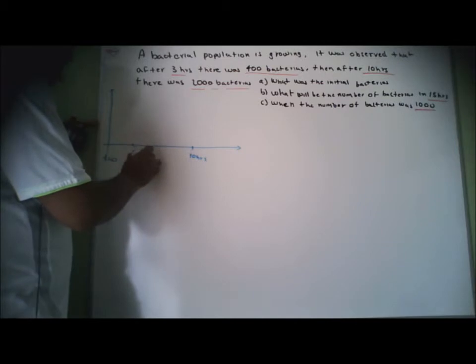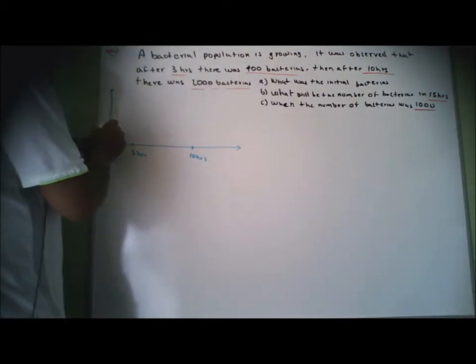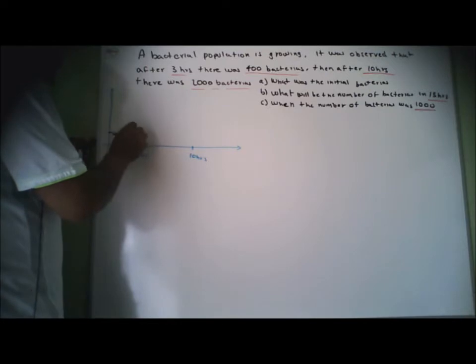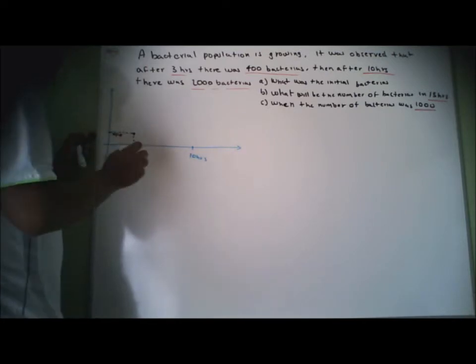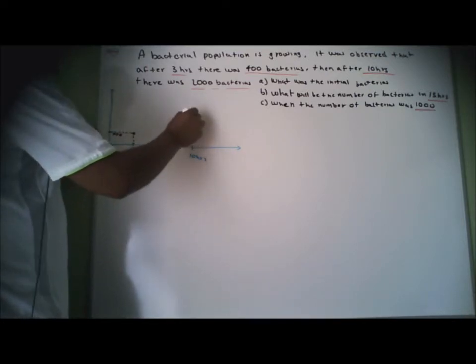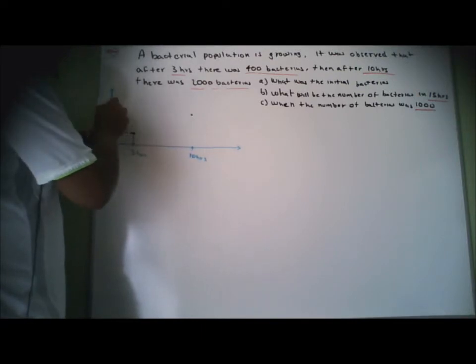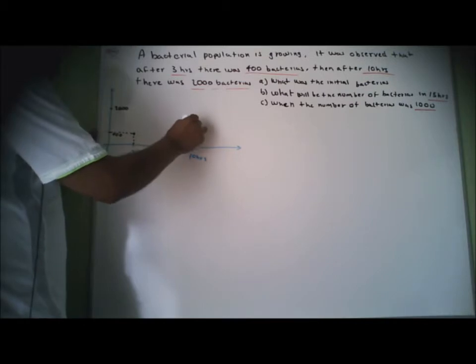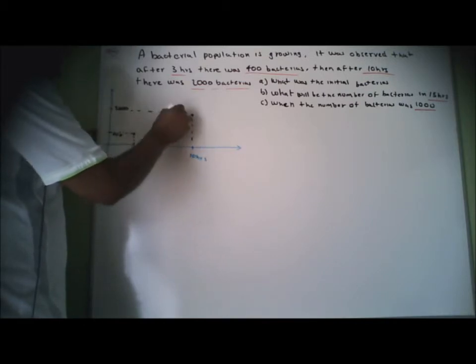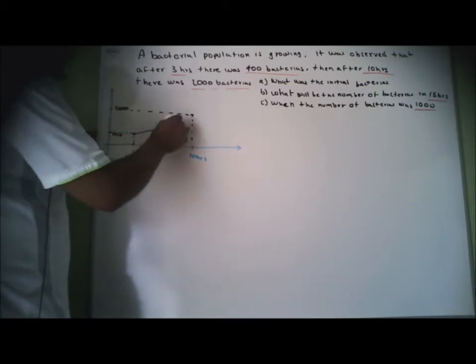At 3 hours there were 400 bacteria, so somewhere here, 400. This is the point at 3 hours. At 10 hours there are 2000 bacteria, this point at this time. So it is something like this.